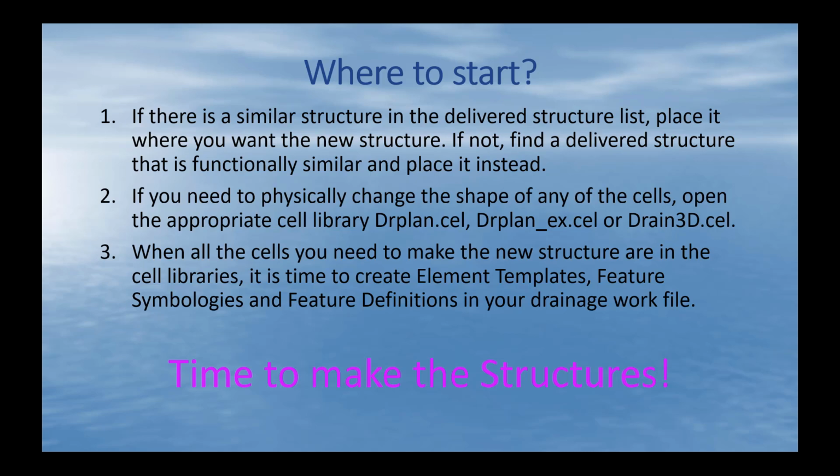Okay, so if you need to physically change the shape of any of the cells, you're going to need to open the appropriate cell library, meaning DR plan for proposed 2D, DR plan underbar EX for existing 2D, or the drain 3D for both existing and proposed 3D cells.